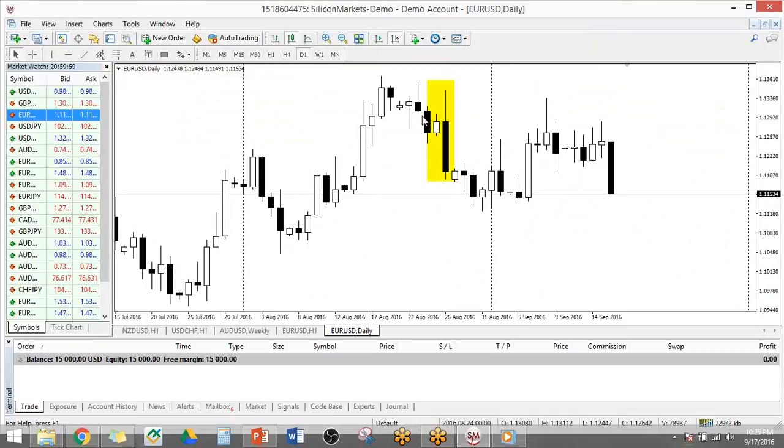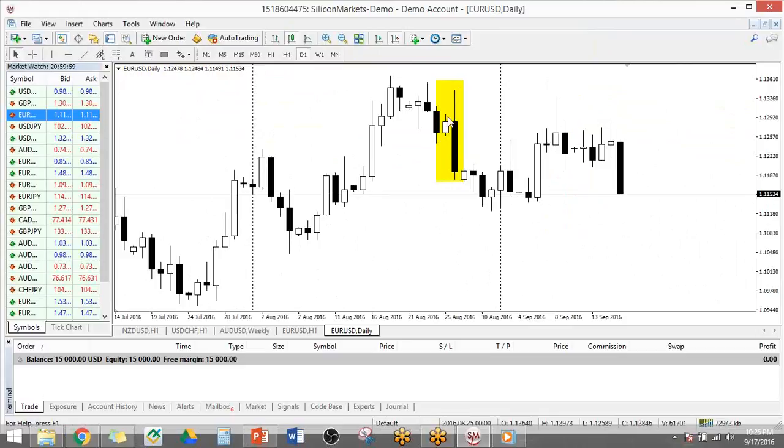Okay. So this particular thing tells you that there is strong movement with the candle that comes after the small one. Okay? So for example, you have a small bullish bar here, and then a big bearish bar ate it. That means that the market is bearish right now. It's going down.